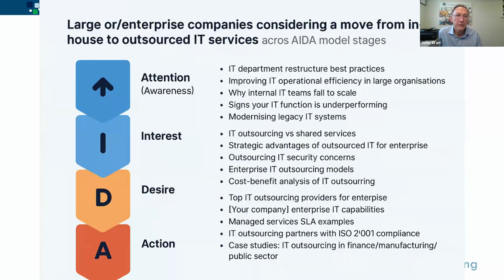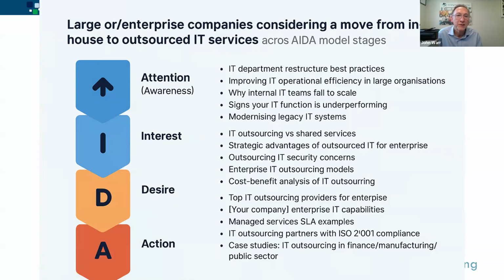And again, here's the classic AIDA model being used to show this. So here's a company that's considering a move from in-house to outsource IT services, and then the information they receive differs. At the beginning, when we're talking about awareness, it's going to be what are restructuring best practices, how do you improve operational efficiency? So at this point, you're not pushing a product or a particular service.